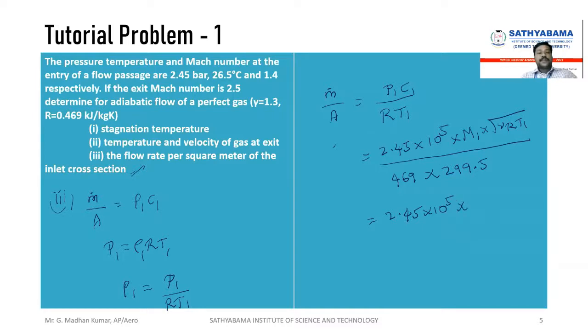So what is your Mach number now? Mach number is 1.4 into square root of gamma value 1.3, R value 469, right? Into T1. So what is your T1? So into 299.5, right? So divided by 469 into 299.5, right? Now what is the answer of mass flow rate?